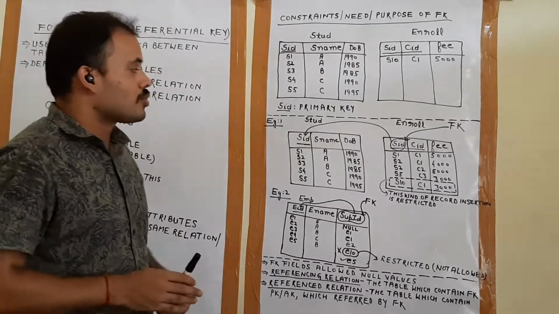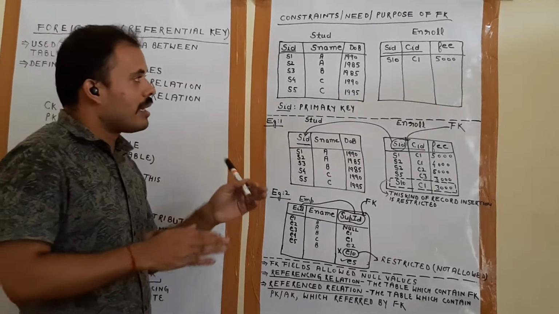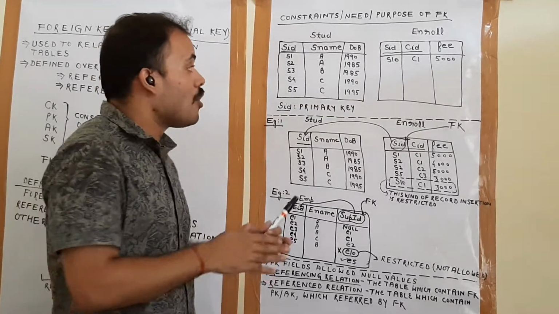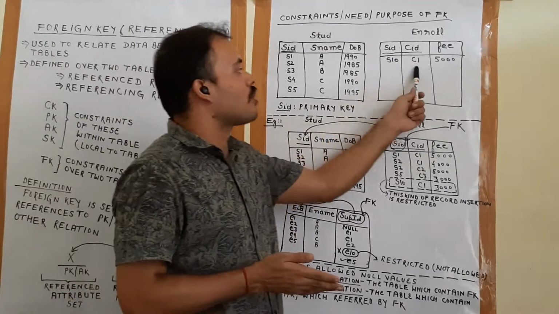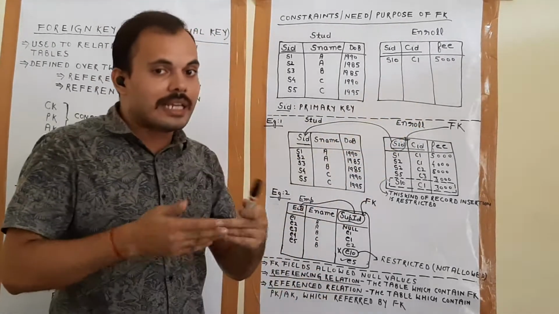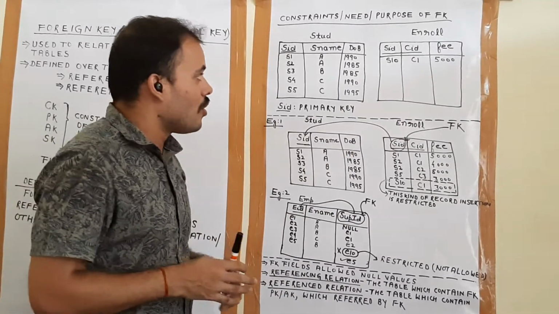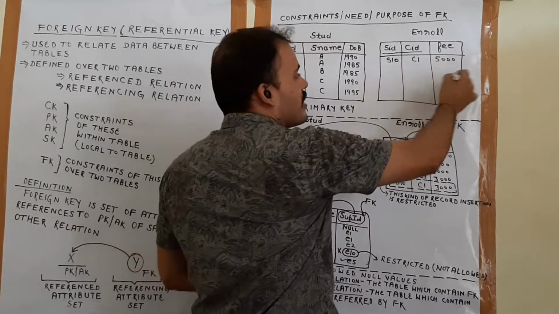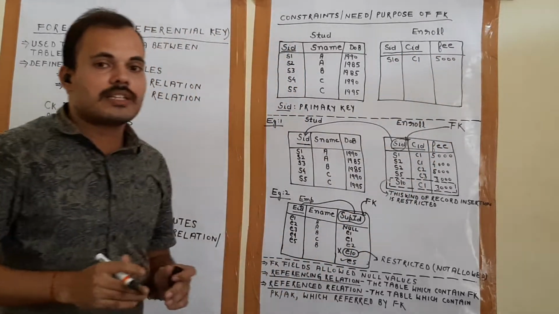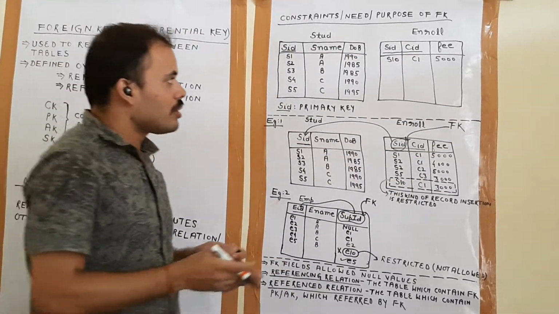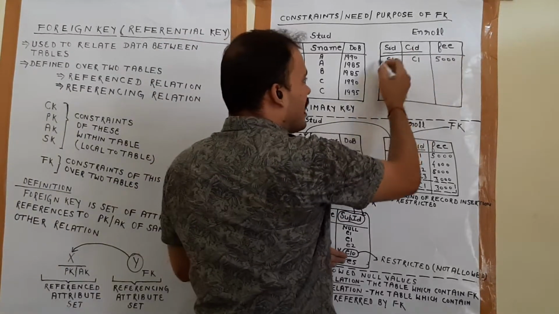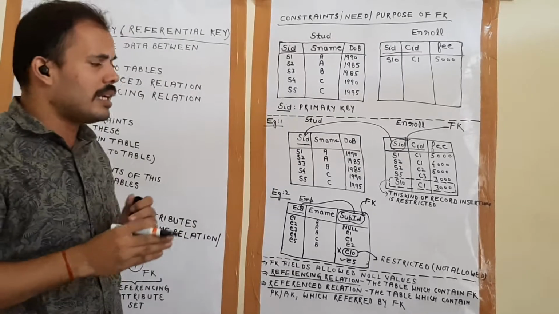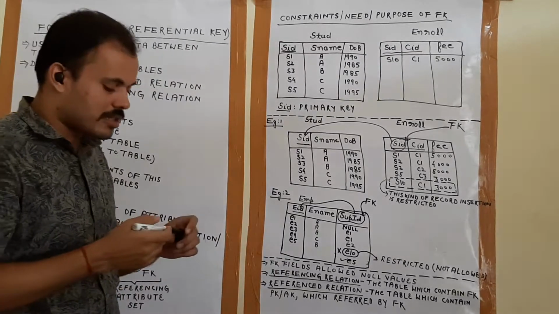So when he is not a student of the organization, how can he enroll for a course which is running in the organization? So this record is inconsistent. Inconsistent means incorrect.